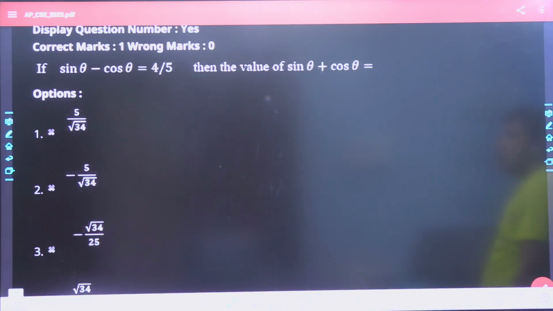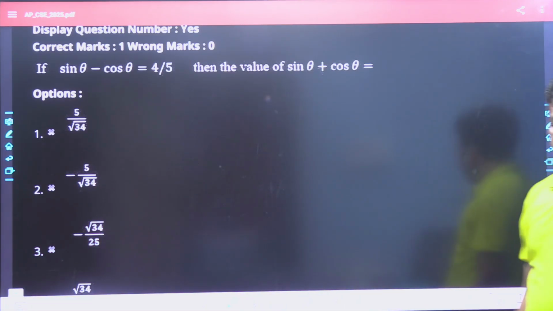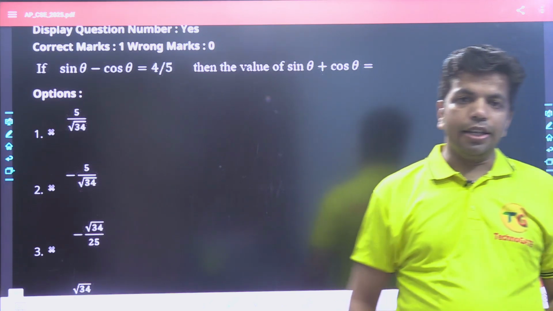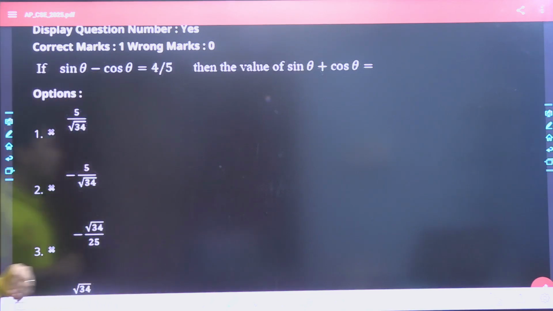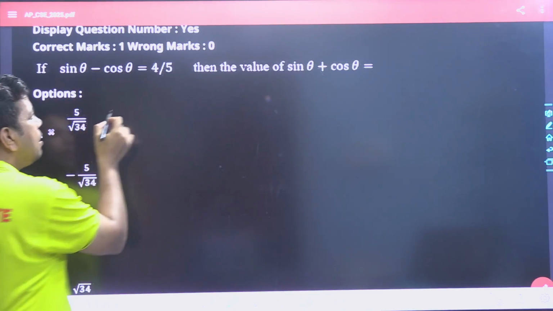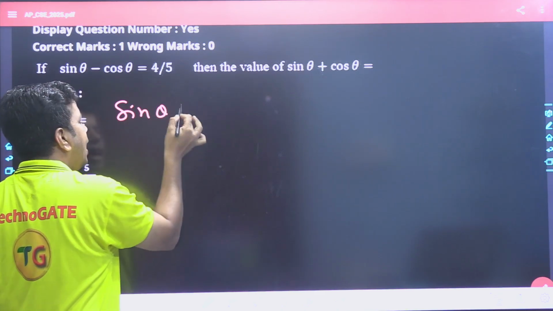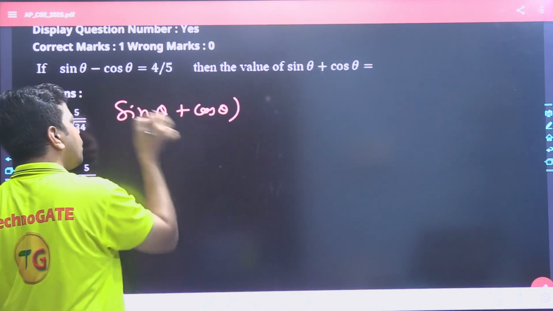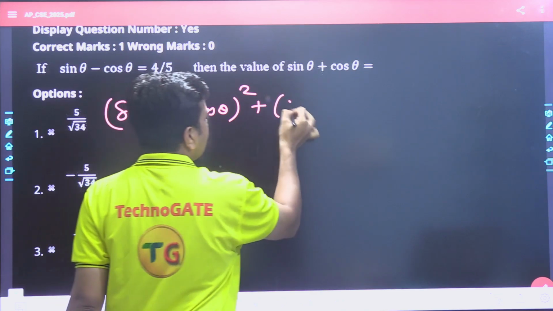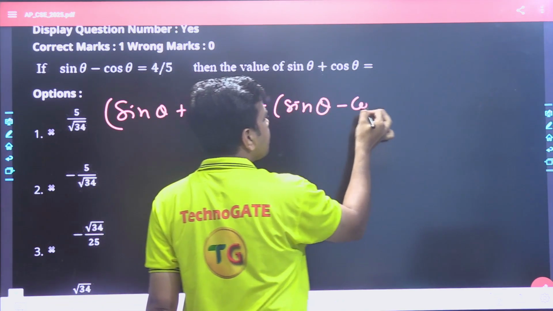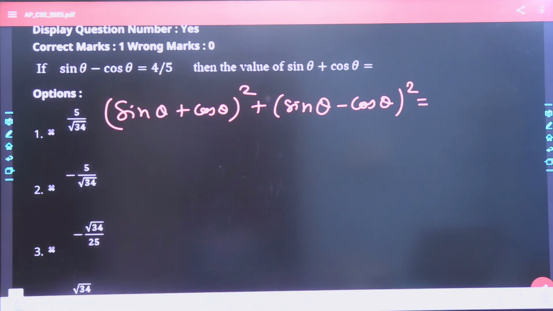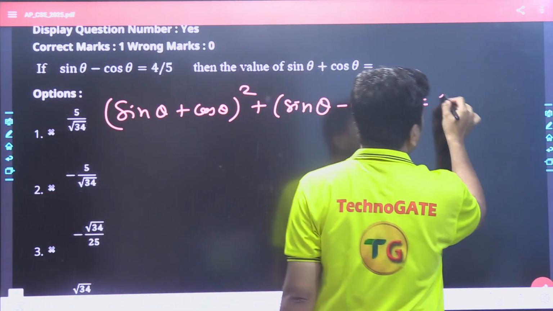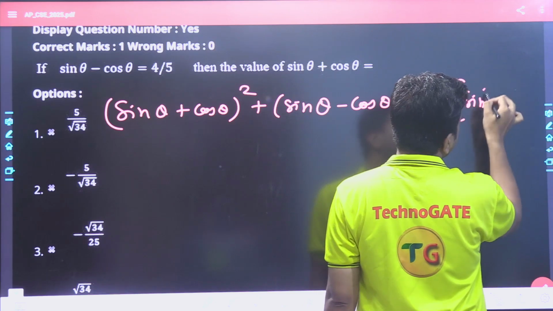Sin theta minus cos theta is 4 by 5. What is the value of sin theta plus cos theta? So the difference is given to us as 4 by 5. Let's just try the idea. Sin theta plus sin theta minus cos theta, at addition, gives 2 sin squared theta plus cos squared theta.